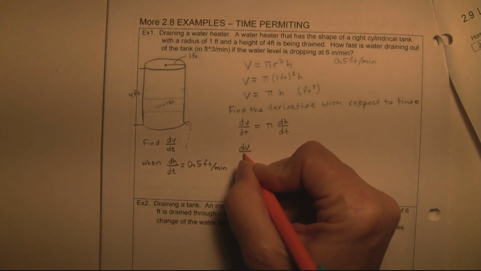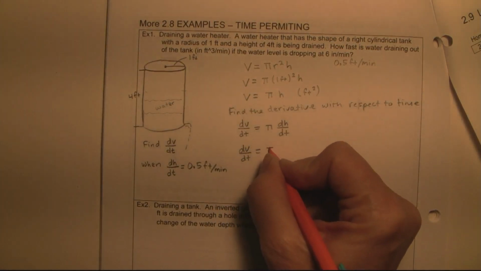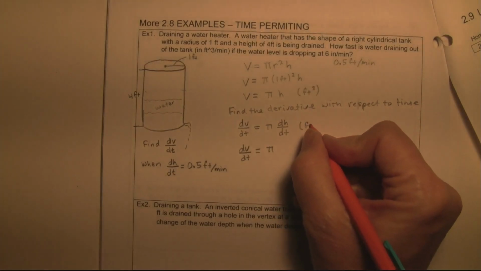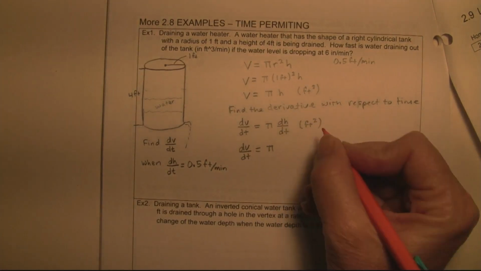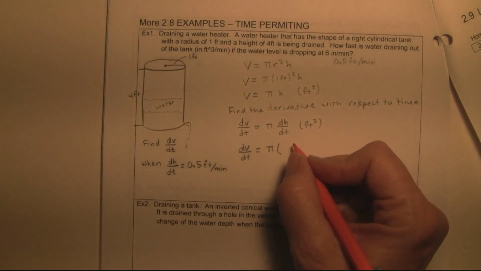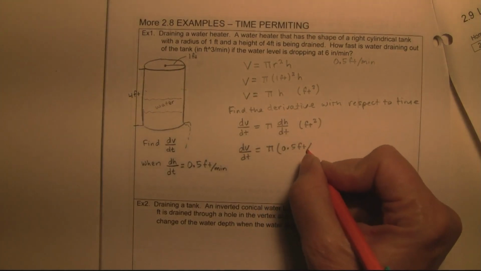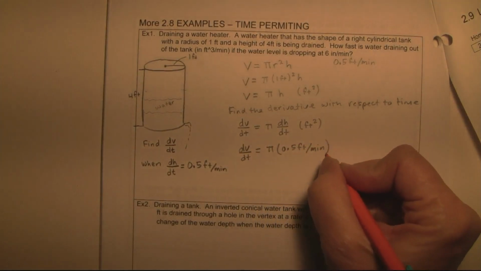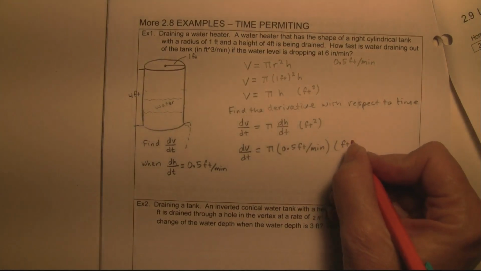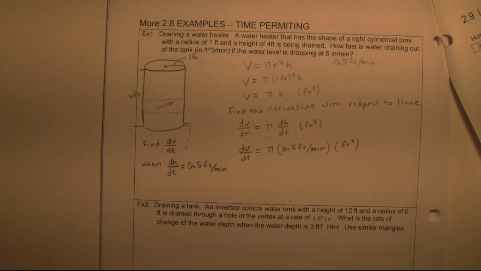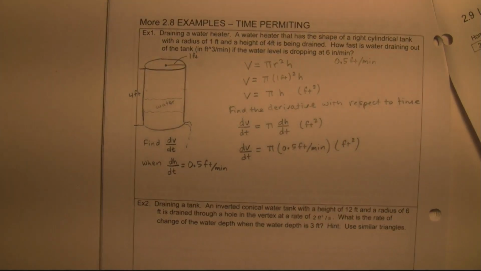So dV/dt equals pi, remember the units on this were feet squared, times dH/dt, which is 0.5 feet per minute. We already had the units from feet squared, that came from the radius, right?